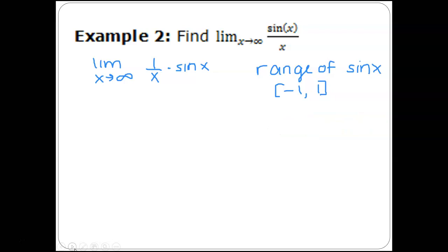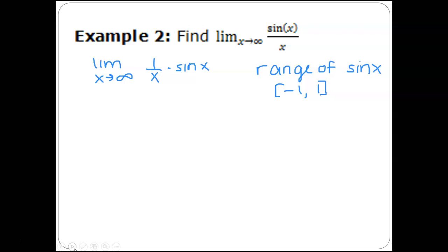Now, dividing that by 1 over x is going to alter its look. It means that as x gets bigger, it's going to get smaller because it's getting infinitely and infinitely smaller.